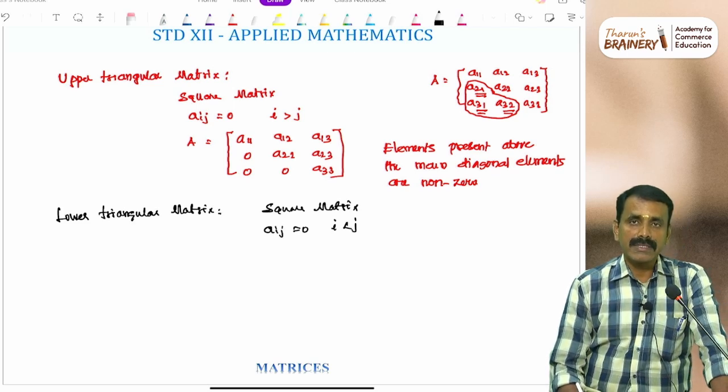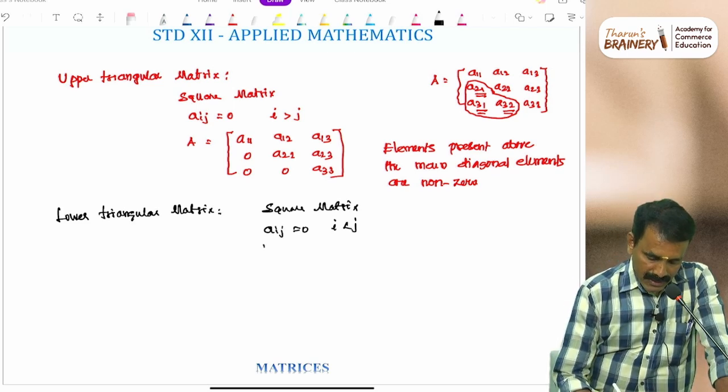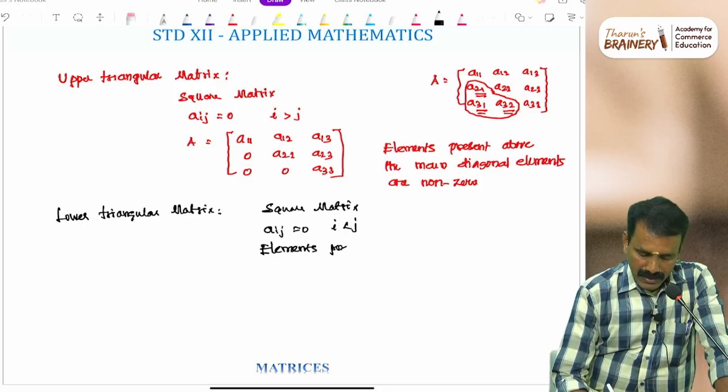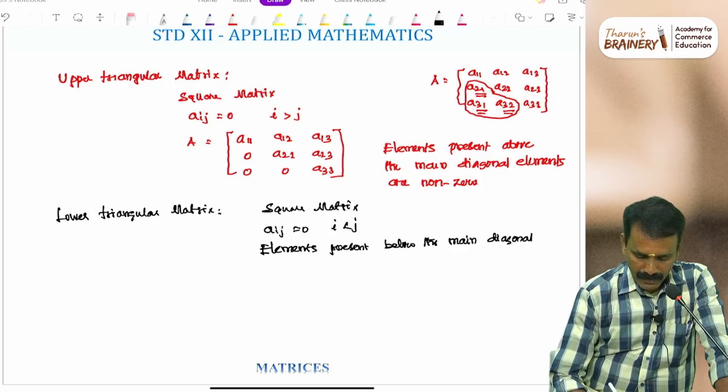In other words, the elements present below the main diagonal are non-zero.